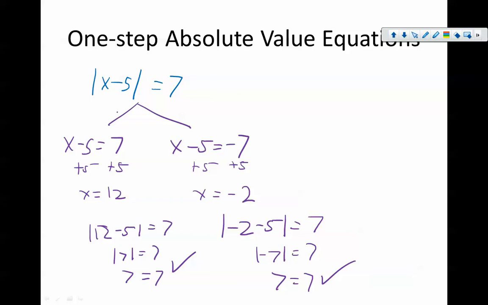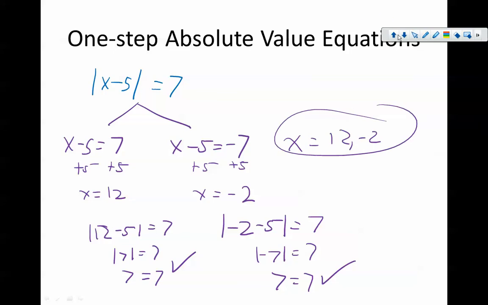We need to find two solutions. We need to find the solution that is positive 7 away, and the solution that is negative 7 away. Notice how what was in the absolute value did not change. Both of these are x minus 5. It's just what's on the opposite side of the equation, the distance of 7 and the distance of negative 7. Both of the answers we found are solutions, so we need both of them.